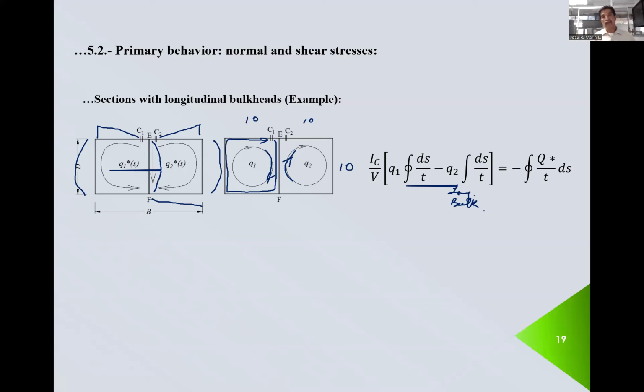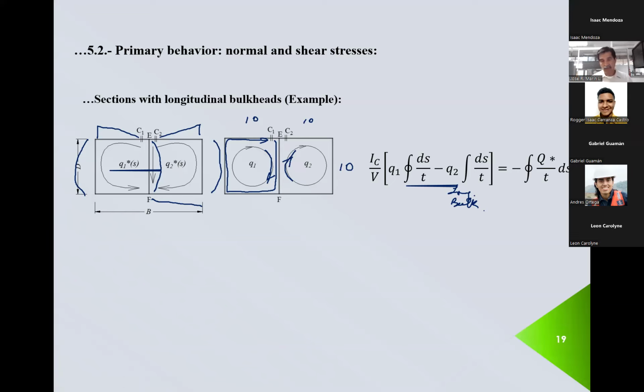What we have to do is add, in this case, what we call Q1 and Q2. Q1 and Q2 are unknown shear flows. We assume them as uniform in each one of the cells. Okay, look at the sign, at the direction. Positive is shown here, clockwise. Okay, and these are unknown.